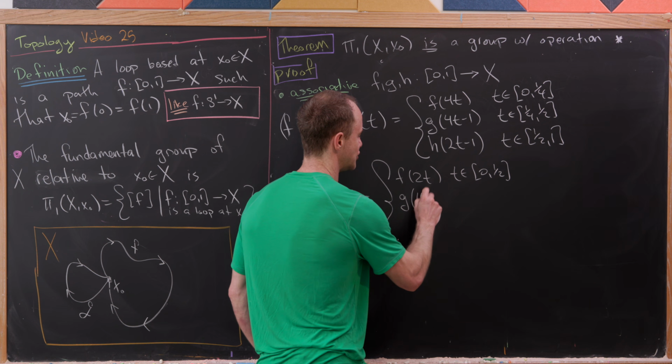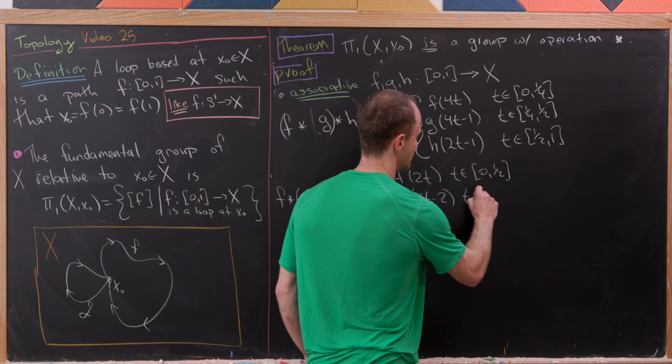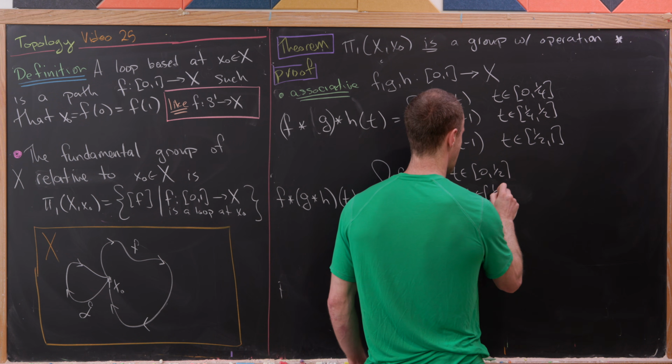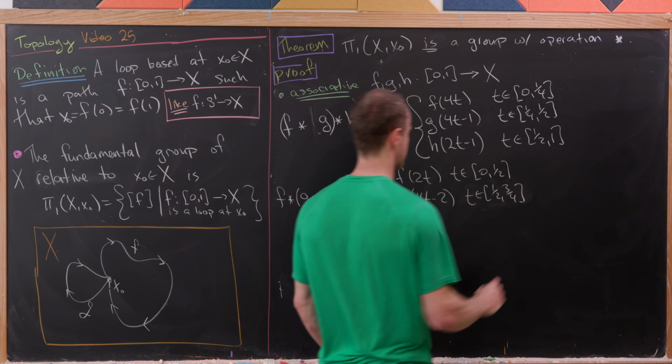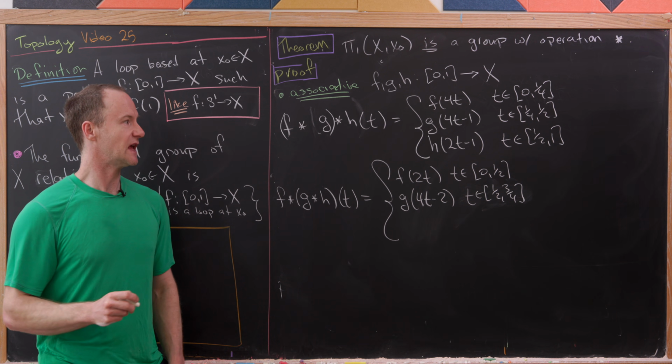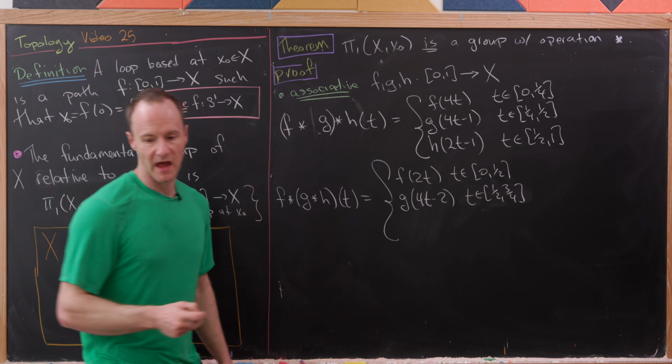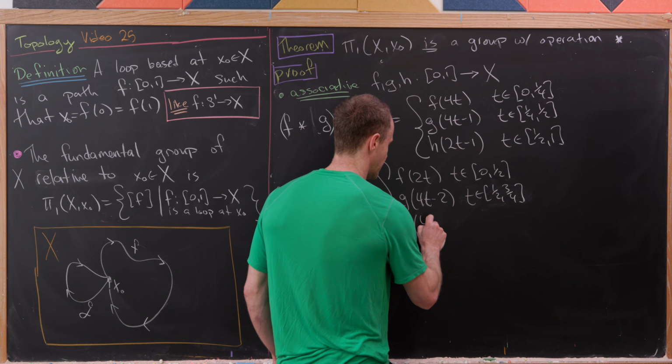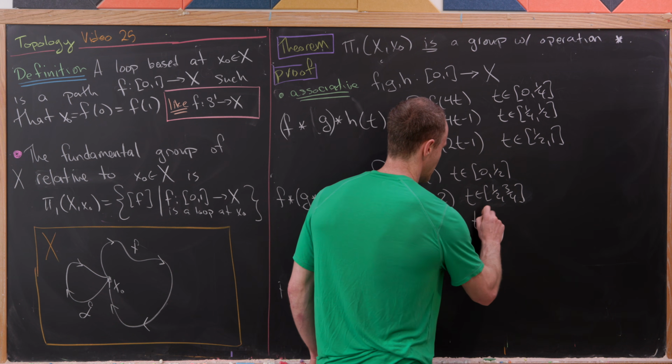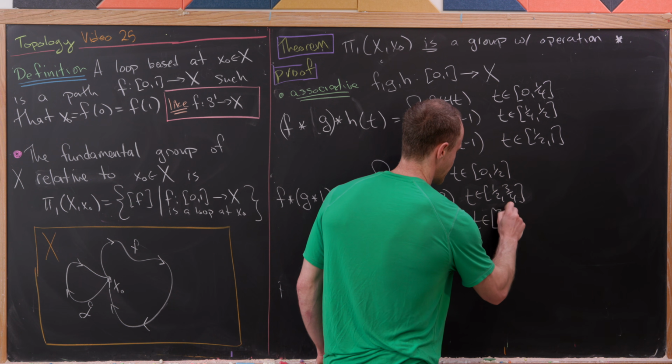So we're going to have g of 4t minus 2 when t is between 1/2 and 3/4. I need to shift it a little bit more because even though it's the same length of interval, it is shifted. And then let's see, we'll have h of 4t minus 3 when t is on the interval from 3/4 to 1.